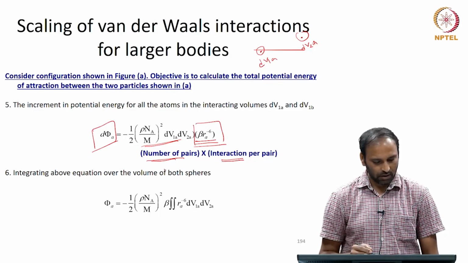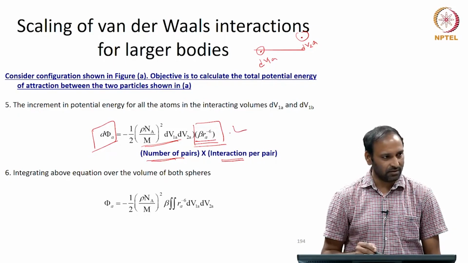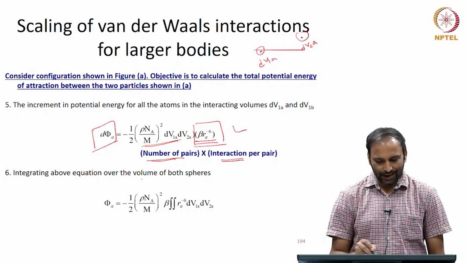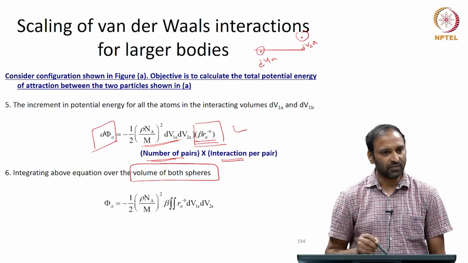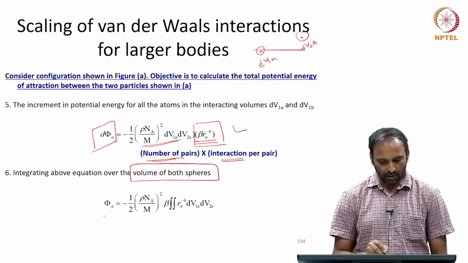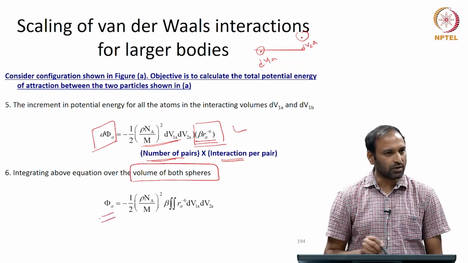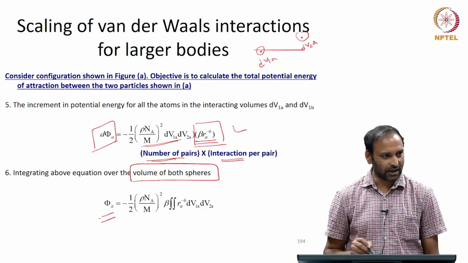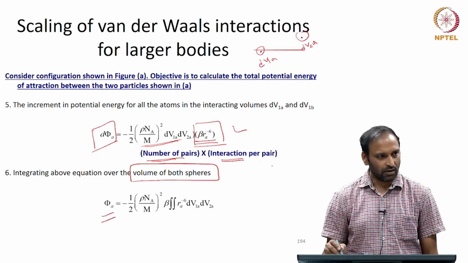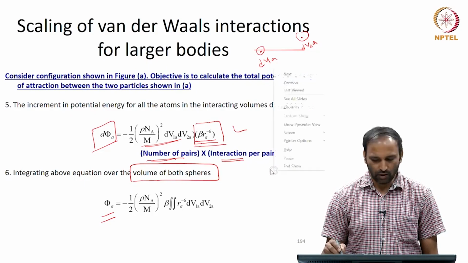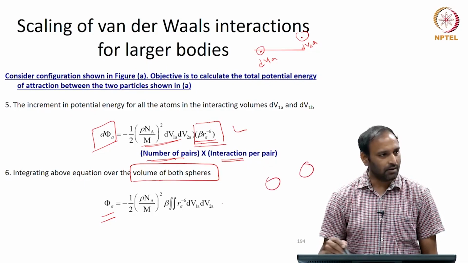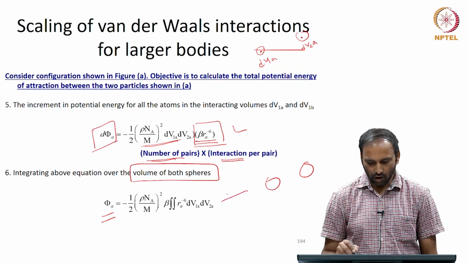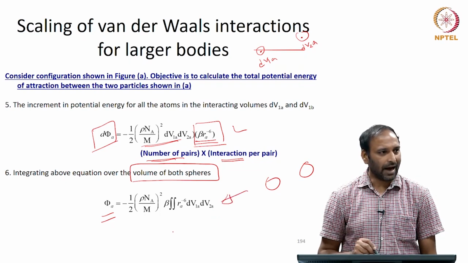If I want, I can integrate that over the entire volume of the spheres, then I would get the total van der Waals force of attraction between every atom between the two particles, because I have considered all the atoms now.